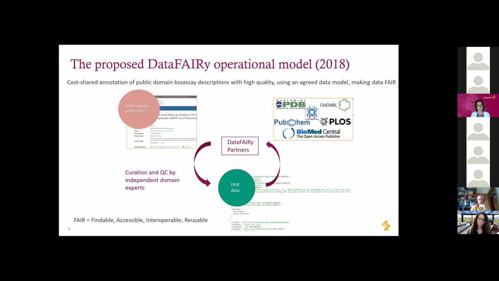And the idea here is that the partners would select what data sources to make FAIR and to curate. And then we would have experts, domain expert and data curation expert, to do the actual curation work. Bring it back in FAIR format for the partners to ingest into their internal systems.